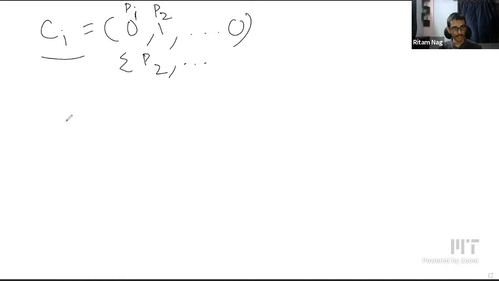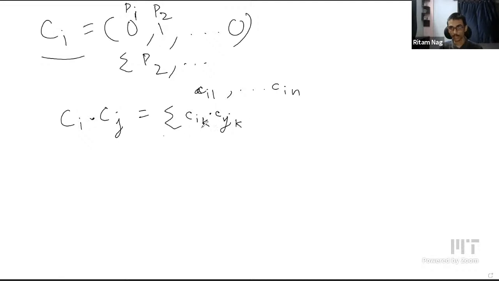So we get M clubs like this, M vectors, and I want to define the dot product of two vectors here. So you define Ci dot Cj to be, so if these entries are Ci1 and so on, Cin, because there are n people, this is defined as Ci1 times Cj1 and so on, the sum of Cik times Cjk over all k equals 1 to n.